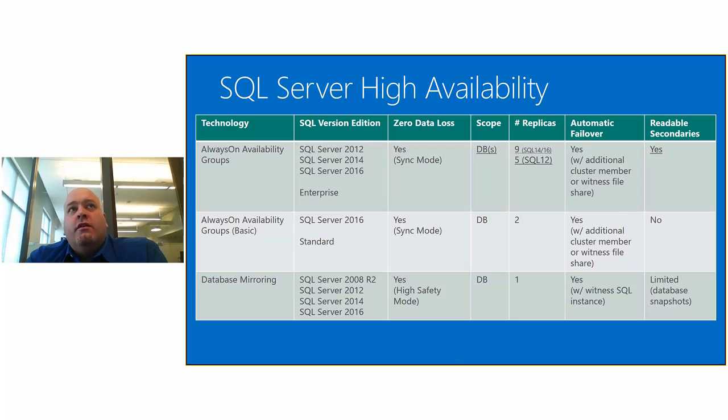And new this year, to everybody's amazement, is allowing 2 replicas in Standard Edition of SQL Server 2016. That's right, we now offer 2 non-readable secondaries in Standard Edition, SQL Server 2016. You can get up to 9 replicas in 2016 and 2014 for Always On availability groups on Enterprise Edition.